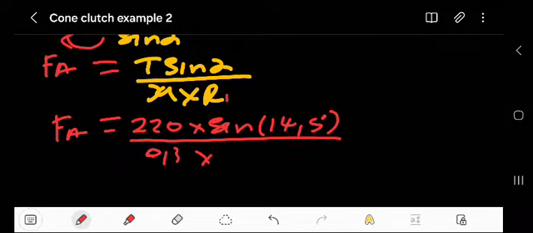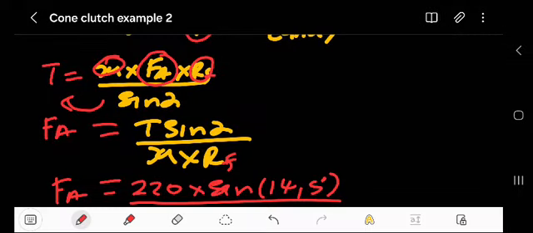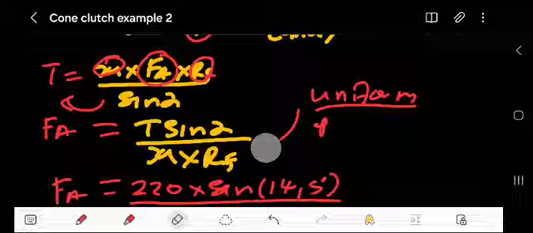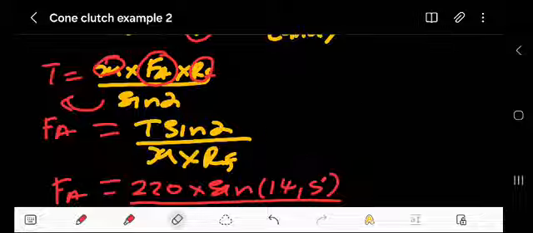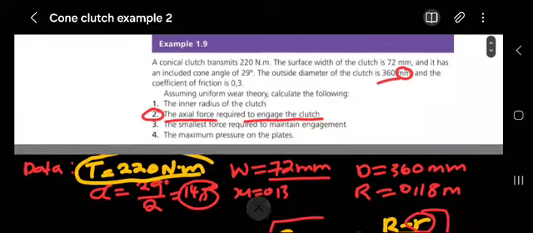This is Rf, right? Do not make a mistake. It's Rf, it is not the radius. This one determines whether we're dealing with uniform wear or uniform pressure. So what is our Rf? Let's check. What is that?